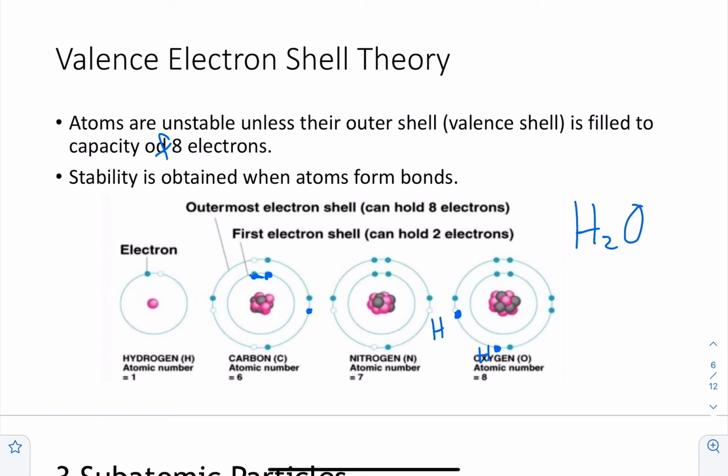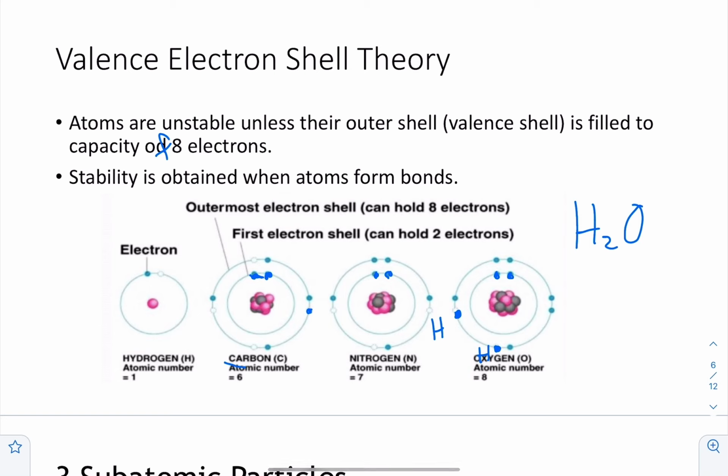Now, the first shell cannot have more than 2. You will see each first shell has only 2. Now here carbon, the other shells can have up to 8, but the first shell not more than 2.